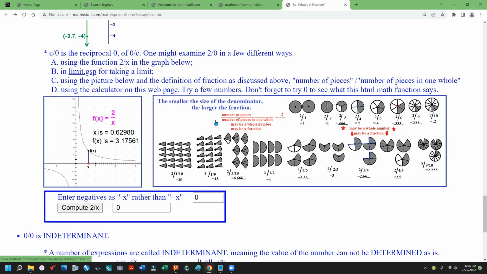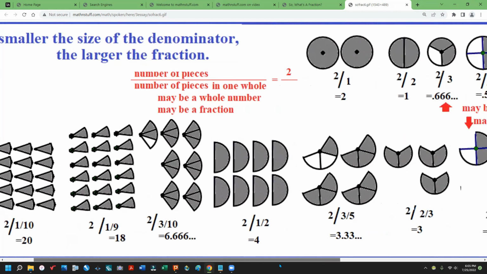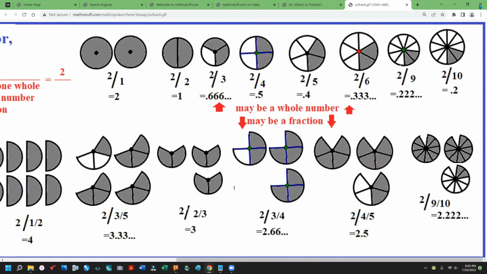But I'd like to review division by zero, fractions with zero on the bottom, in terms of the definition of fraction we've already done.